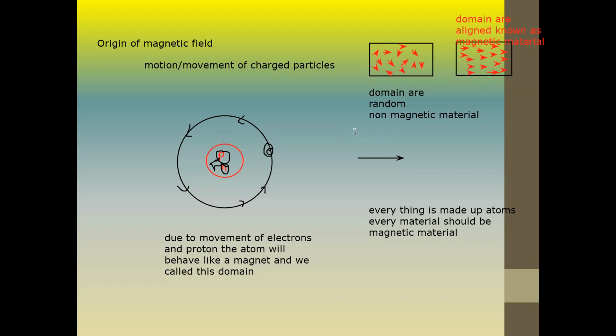Overall, the material will be a non-magnetic material. And if the domains are aligned, arranged in a regular manner or pattern, we call that a magnetic material. Is the difference between a magnetic and a non-magnetic material, as well as the origin of the magnetic field, clear?